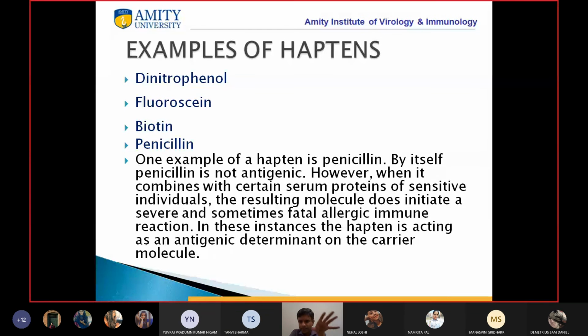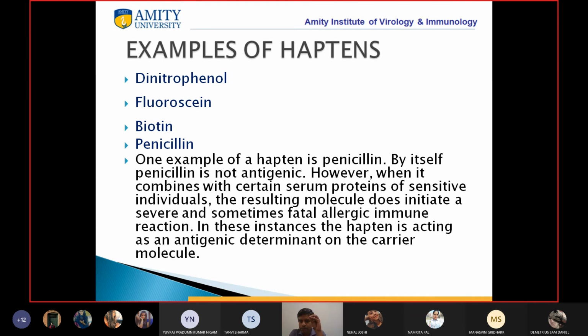When we take a penicillin injection, that penicillin should not generate antibodies, because if antibodies develop against penicillin, it will be taken out by the system. The job of antibodies is exactly this, to remove that protein from the system.